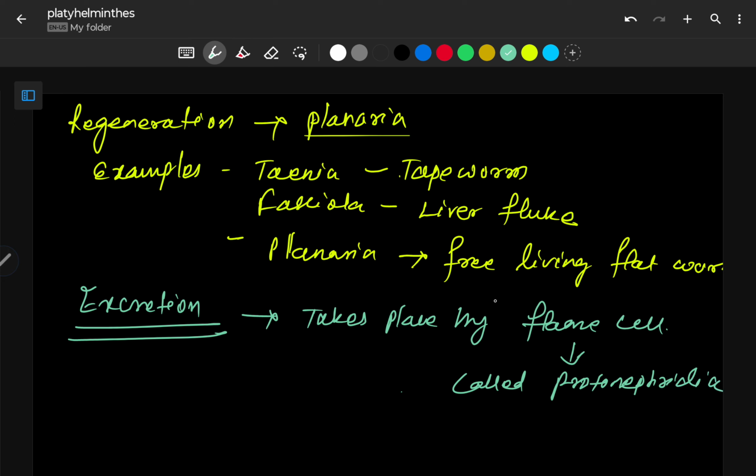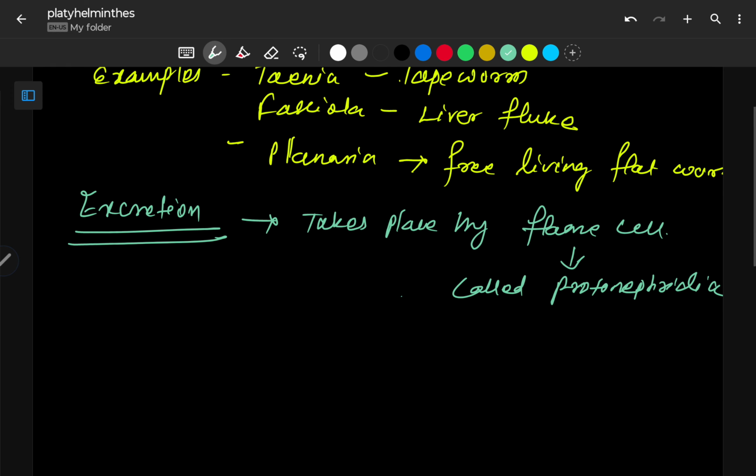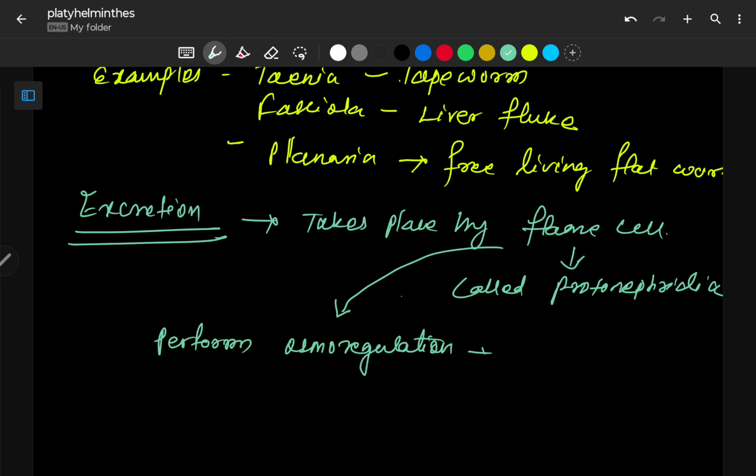Very very important. Okay, and the flame cell also performs osmoregulation. Osmoregulation means what? Water and electrolyte balance.